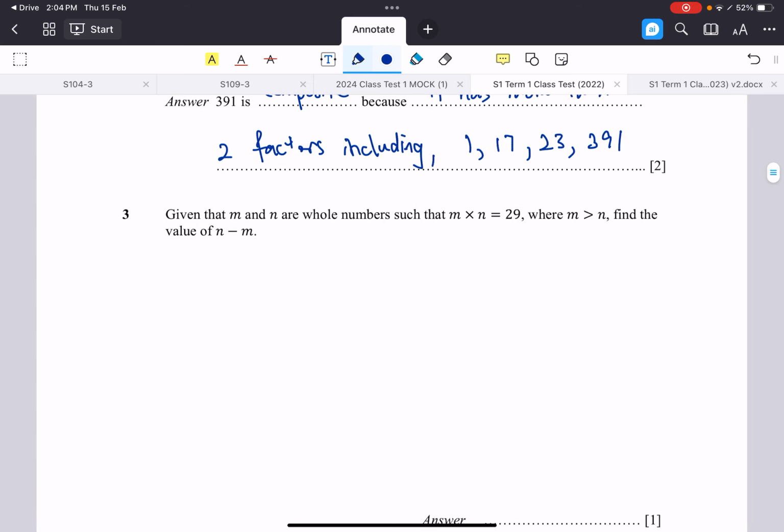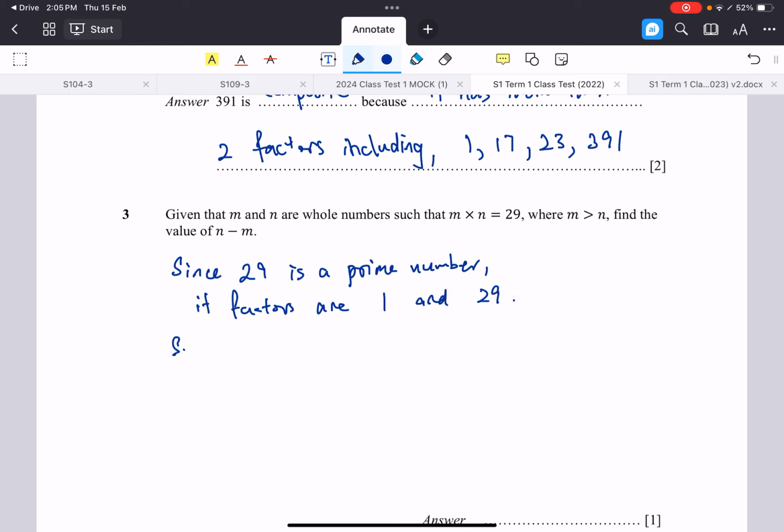Next, given that m and n are whole numbers such that n times n is 29 and m is greater than n, find the value of n minus m. Ooh, lots of things, right? So what happened is we know that since 29 is a prime number, its factors are 1 and 29.